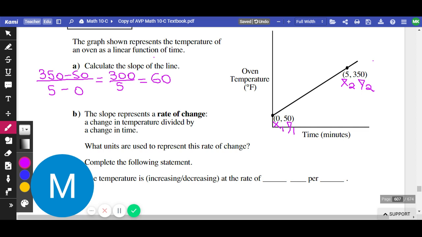Now, if I wanted to be like, okay, what's that slope represent? What you need to do is try to put context into it. Rise is your y value. So we're talking about the temperature of your oven in degrees Fahrenheit. So degrees Fahrenheit divided by minutes.